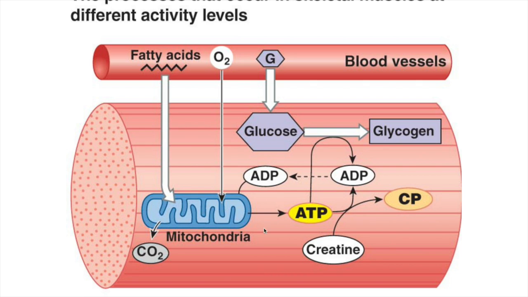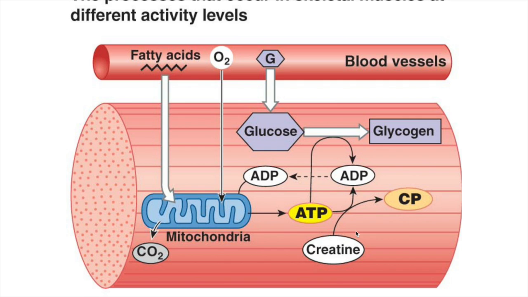And it turns those fatty acids into ATP through the process of aerobic respiration. Aerobic respiration can produce ATP for hours. It's the most efficient way of producing energy, but it requires oxygen.